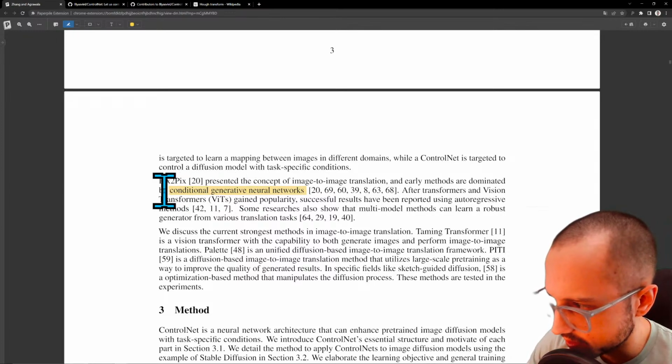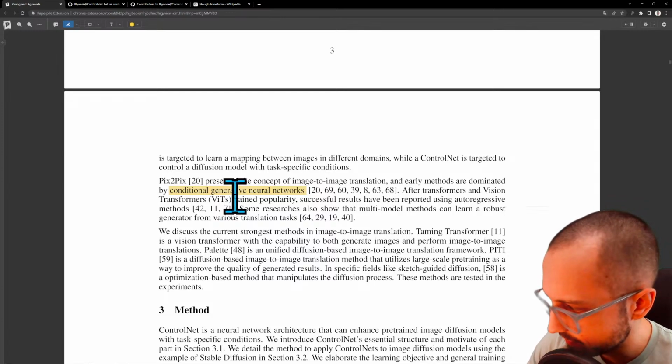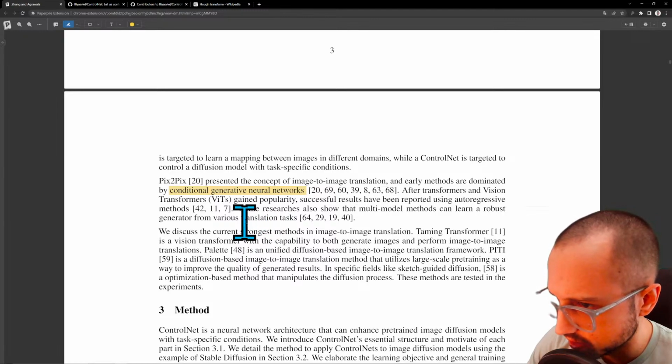When you are feeding an input to a neural network, that's one way to say it. But another way to say it is that you're conditioning the neural network on an input, right? So the idea of conditional neural networks is that you're conditioning the neural networks on something.